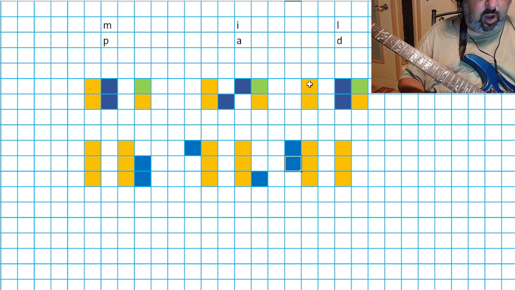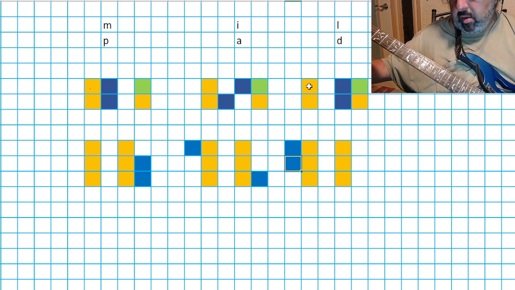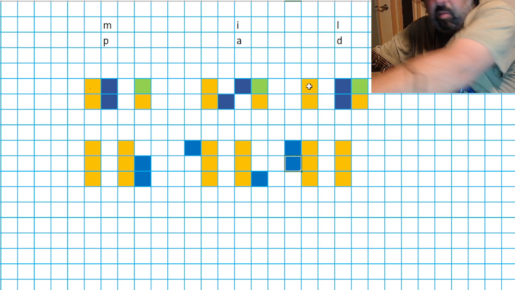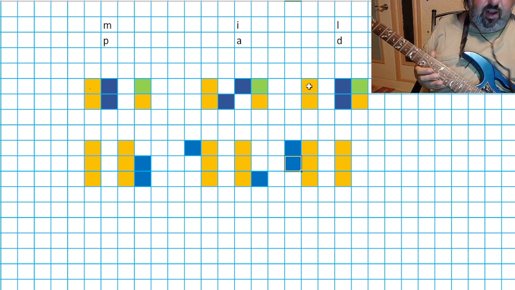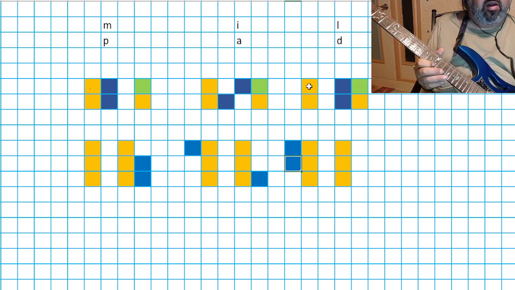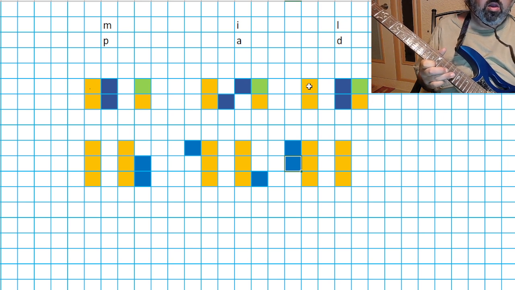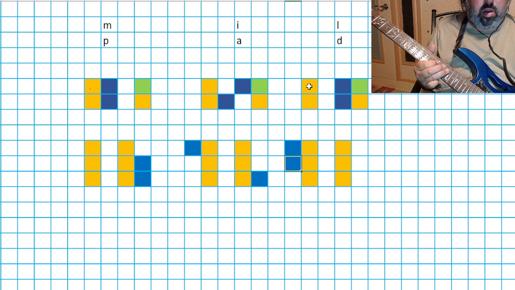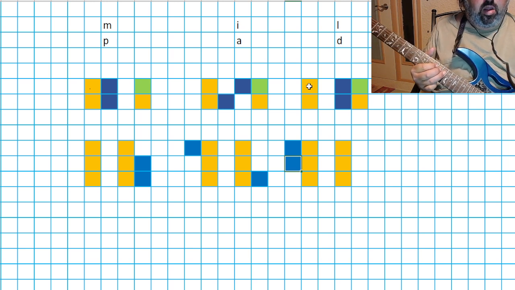So I'd have my root here where the plus sign is. E, let's get an E going. So I need to put the plus sign on the E note on the high E string. I just played.